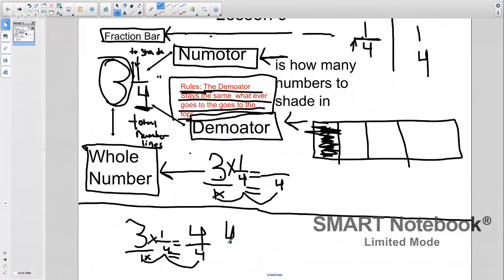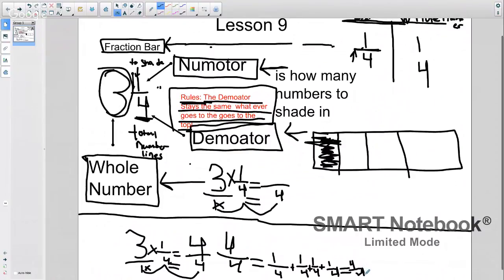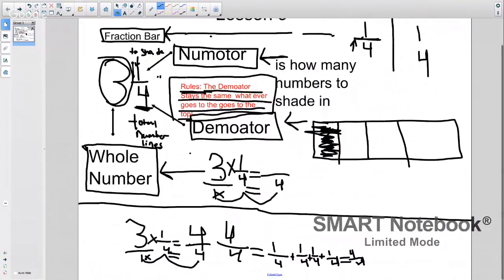And 4 fourths equals 1/4 plus 1/4 plus 1/4 plus 1/4 equals 4/4. You can do it that way too, or you can do it my way.